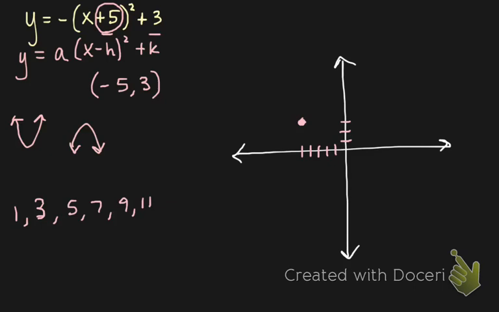So from our vertex, our first step is going to be a 1. Because we're going down, this means we're going to travel over 1 and down 1. And this is going to reflect on both sides.